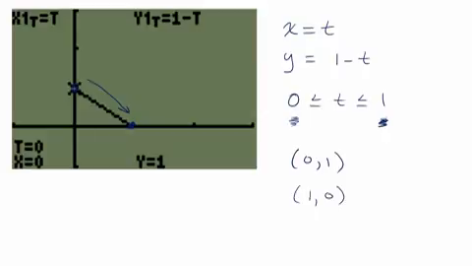And now we'll try to find the Cartesian equation for a curve that contains this parameterized curve. Well, if we find the equation of the line that passes through these 2 points, we get y equals negative x plus 1.